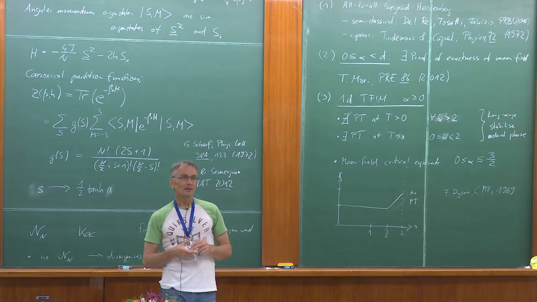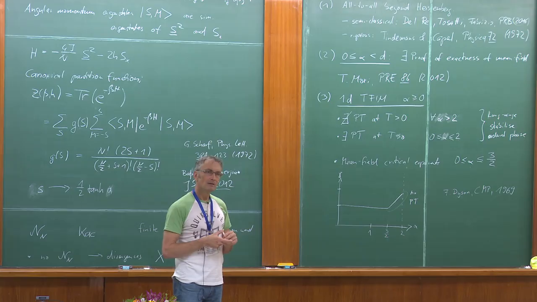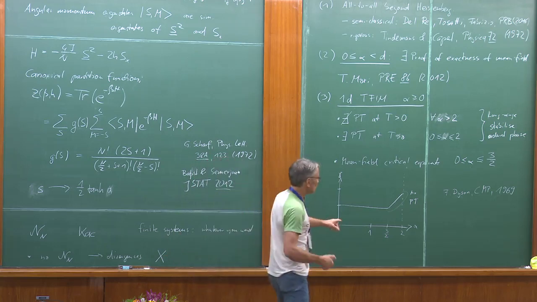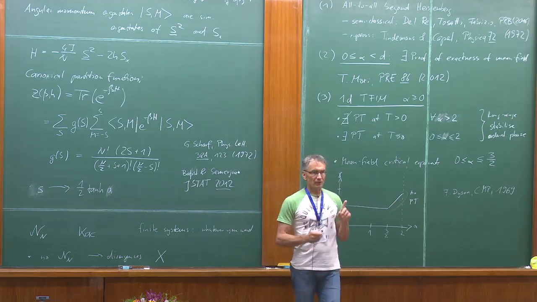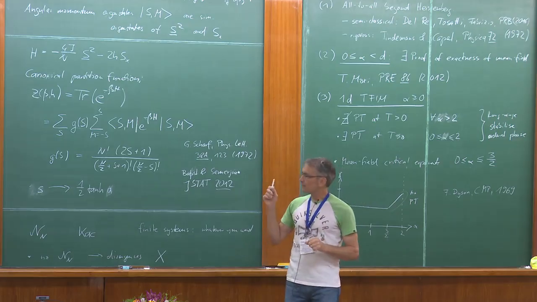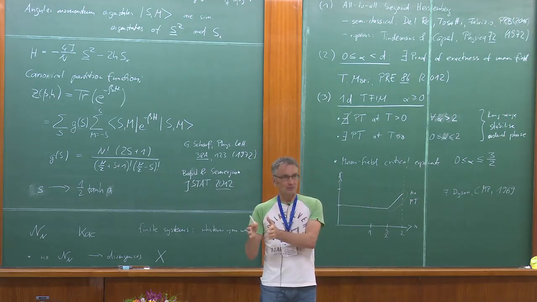Yes, please. Can you please describe in the plot, between 0 and 1, mean field was used? Between 1 and 3/2, the exact solution for the free energy is not equal to mean field.